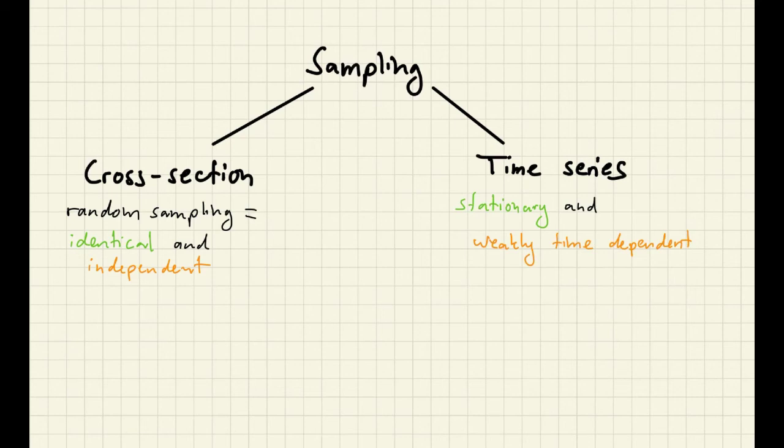So random sampling is something that you can impose by design. On the other hand, for time series to be stationary and weakly dependent is a property of the economic environment. This is not something that you can impose by how you collect the data.